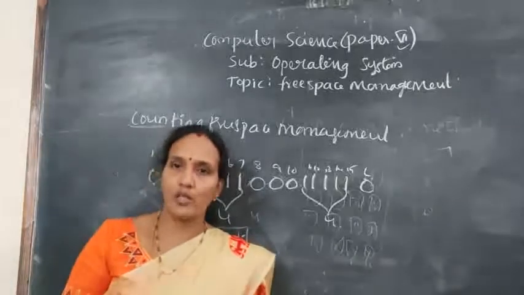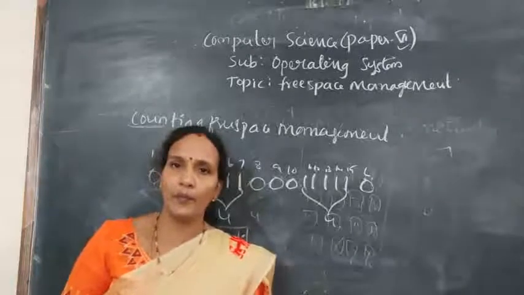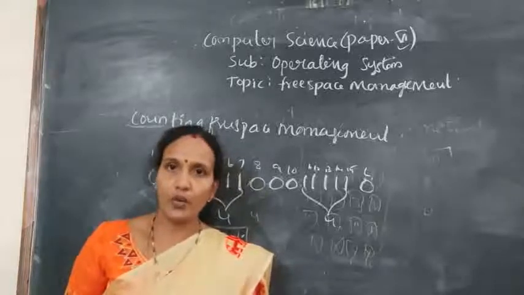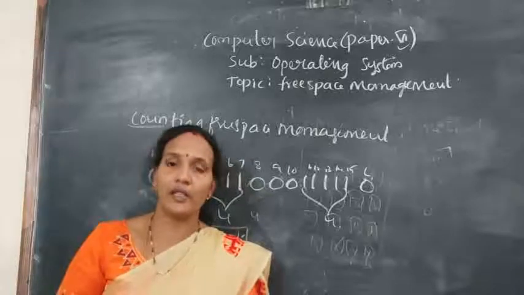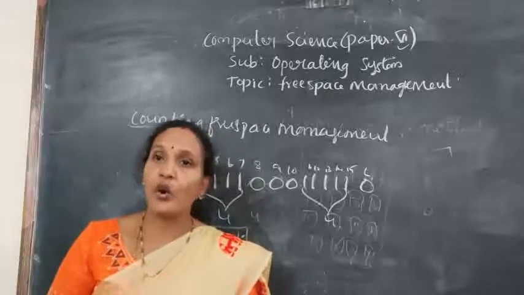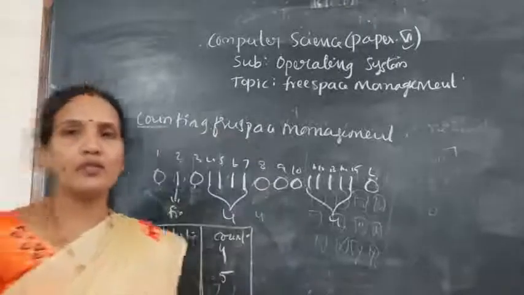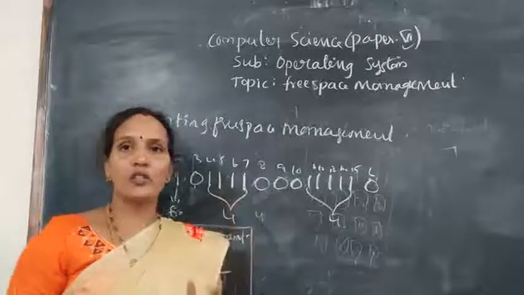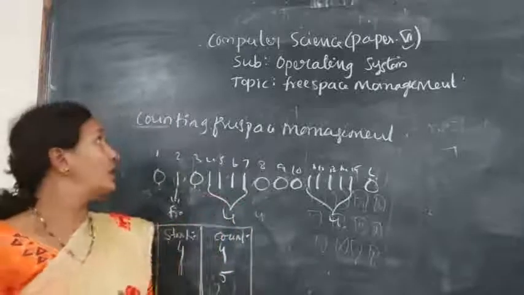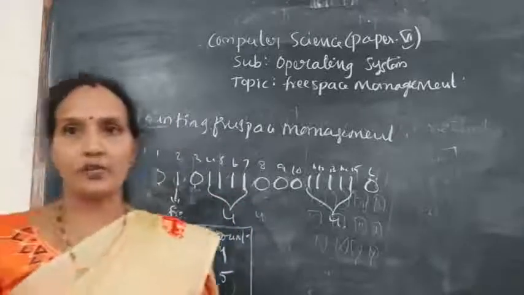If free blocks are not available, then only it will go for different blocks. So this method is used to collect information about contiguous free blocks, when the operating system wants to allocate continuous blocks of memory.